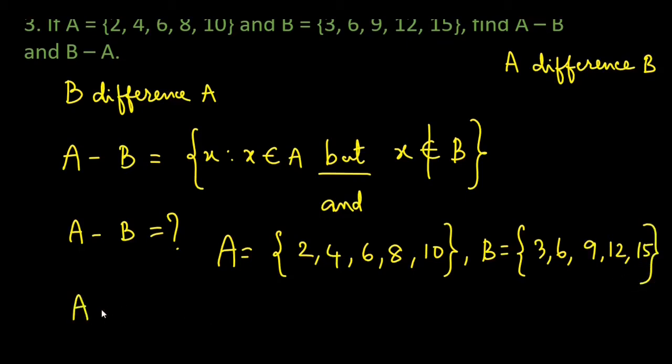So A minus B means the element should be there in A but not in B. So what are the elements here? 2, 4, 6, 8, 10. Check these elements. If they are there in B, that should not be written.